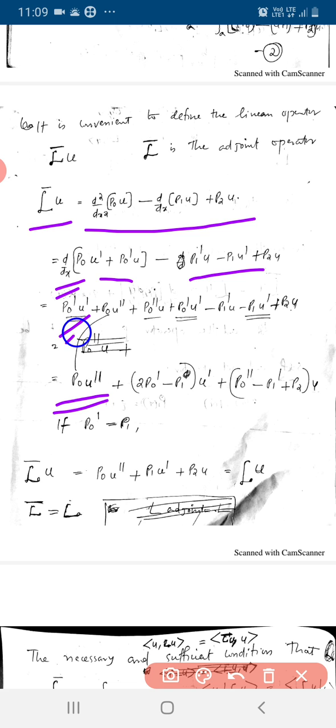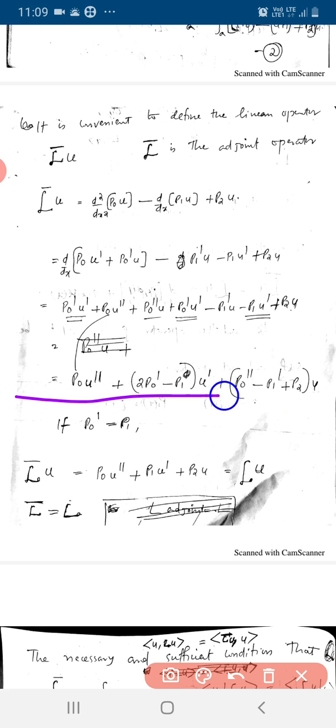Here we have p0 prime u prime, and here we have p0 prime u prime, so 2 p0 prime u prime. Then p1 prime u prime is here. So we can combine them, and we have this. Okay, so we get this equation.